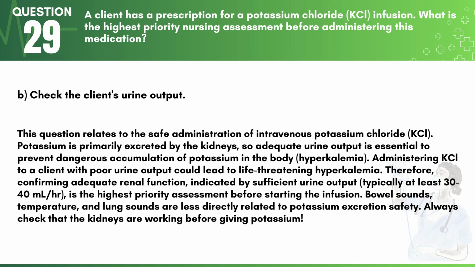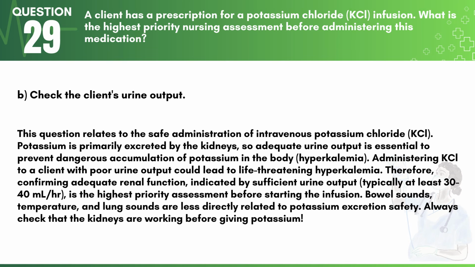This question relates to the safe administration of intravenous potassium chloride, KCl. Potassium is primarily excreted by the kidneys, so adequate urine output is essential to prevent dangerous accumulation of potassium in the body, hyperkalemia. Administering KCl to a client with poor urine output could lead to life-threatening hyperkalemia.